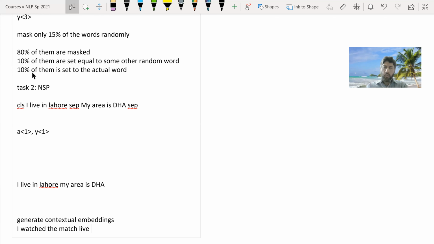Now you will feed in this whole sentence into the model, and if you want to get the embedding for live, the output of this model for live comes with attention from all the other words as well. The output for live is the embedding for live. Now this embedding would be contextual because it's based on the previous words that you have seen. So I watched the Mast live. It's not a fixed embedding that you have trained previously.